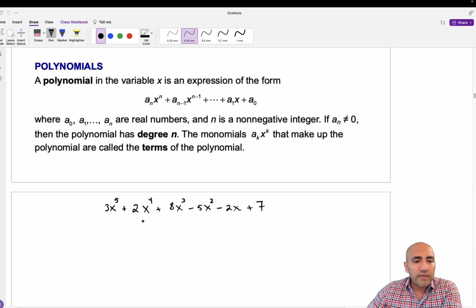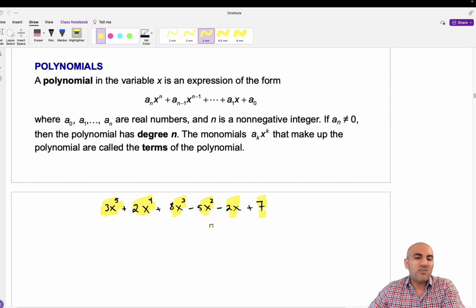Okay, so here we have a polynomial where I'm adding 1, 2, 3, 4, 5, 6. There are 6 independent monomials being strung together with addition or subtraction, therefore making myself a polynomial. If I only had 2 of them, it would be a binomial. If I had 3 of them, it would be a trinomial. But because it's more than that, we just refer to it as a generic polynomial.